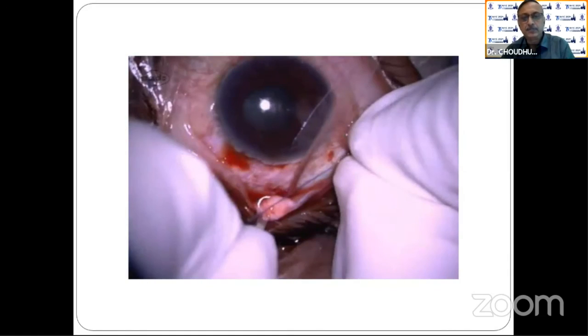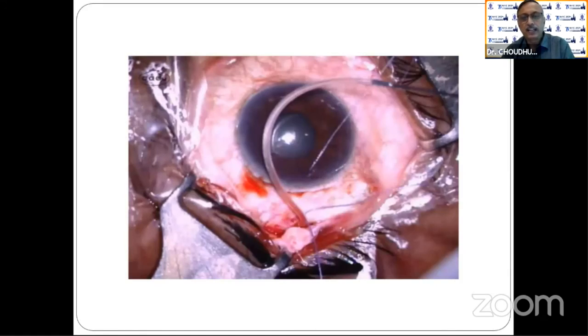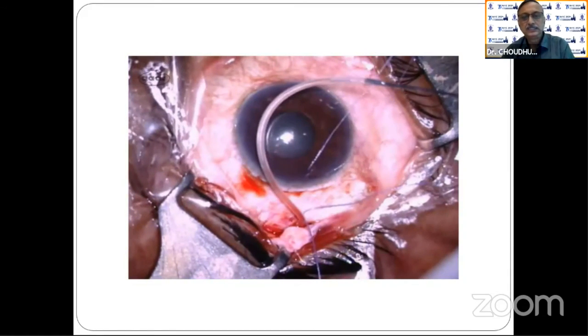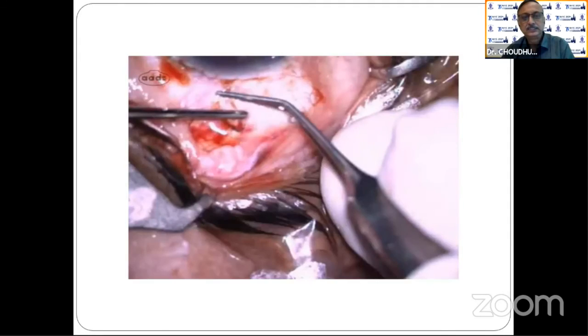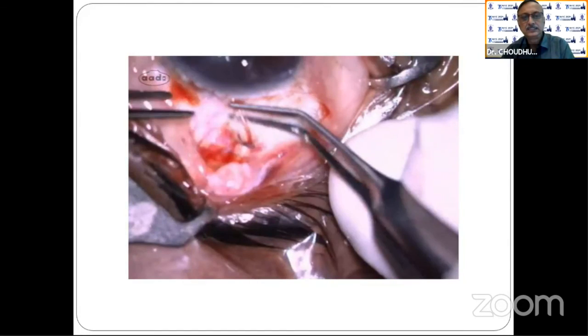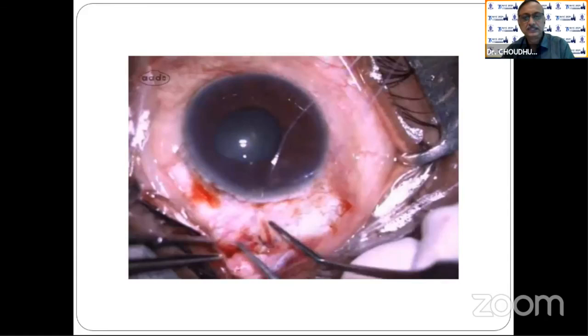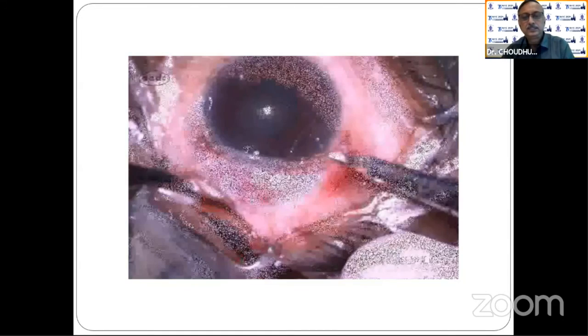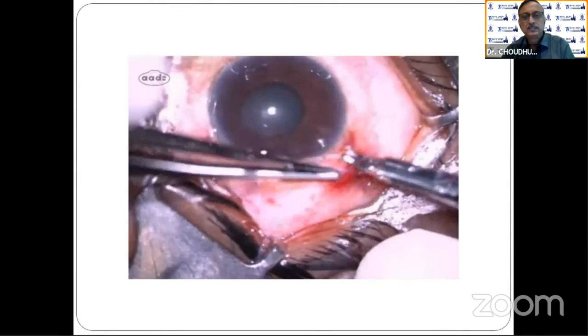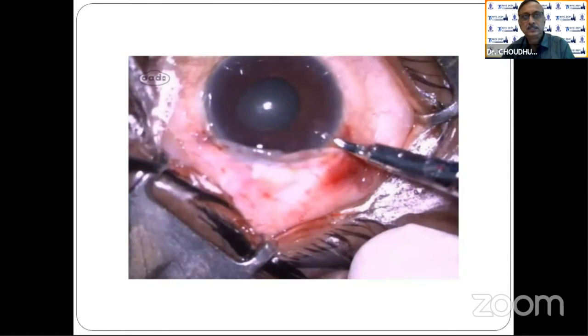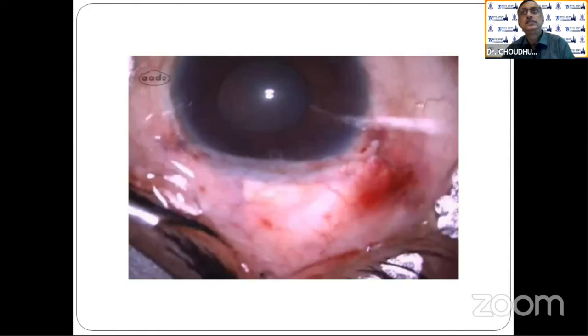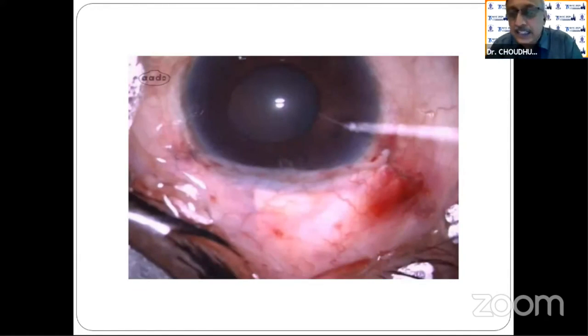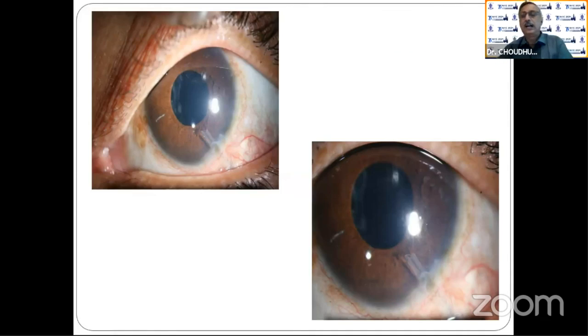Ligation is a must because it's a non-valved one. You can find also the implant was there. I just want to tell you, these two types of valves are all Indian made.